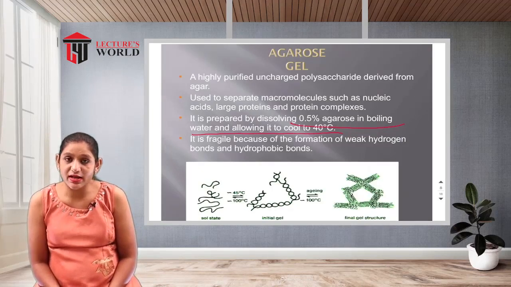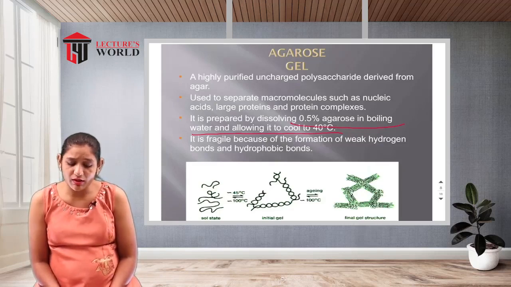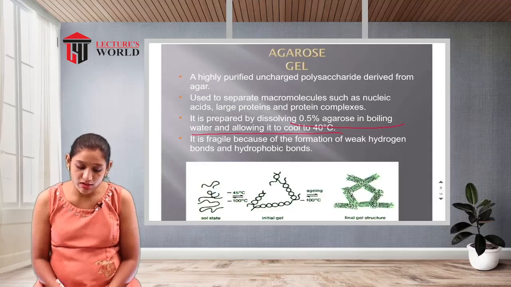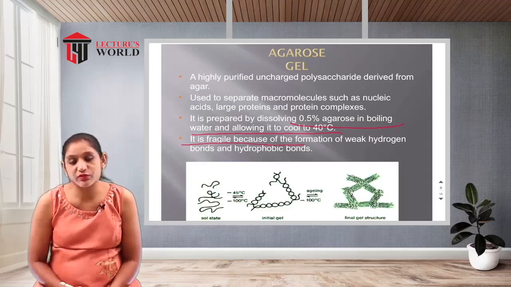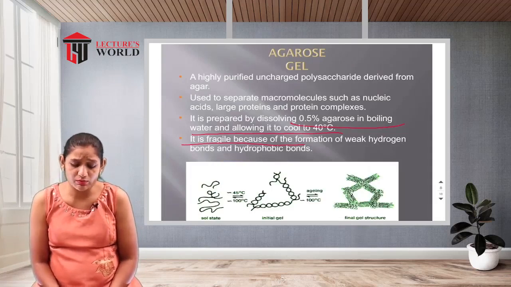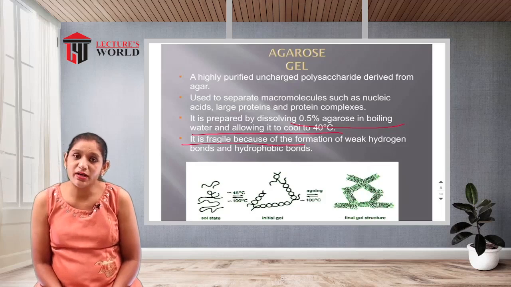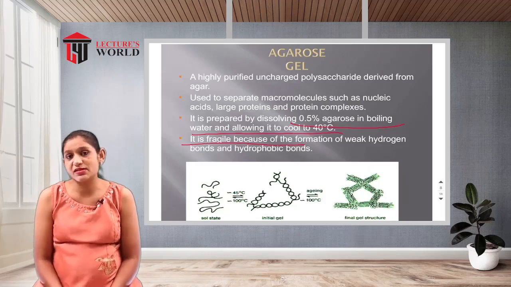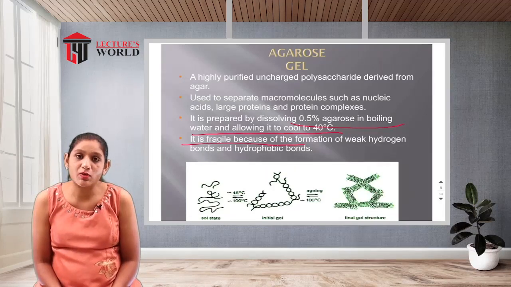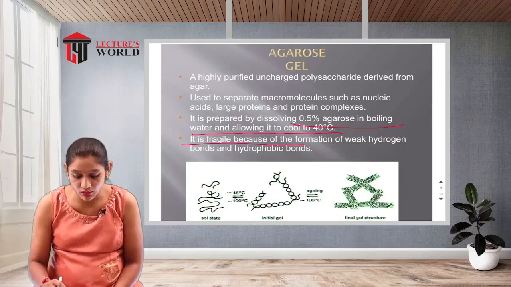It is fragile because of the formation of weak hydrogen bonds and hydrophobic bonds. Fragile means the hydrogen bonds are weak, and hydrophobic bonds are hydrophobic interactions with the water molecules.